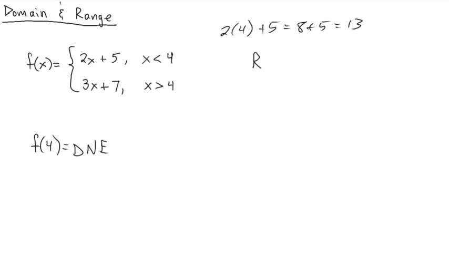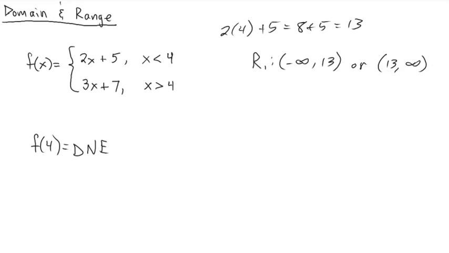So the range is either going to be negative infinity up to 13, or it's going to be 13 up to infinity. The way that we determine which of the two it is, is we take a test number. We select a number in the domain, something less than 4, like 3. 3 is less than 4.